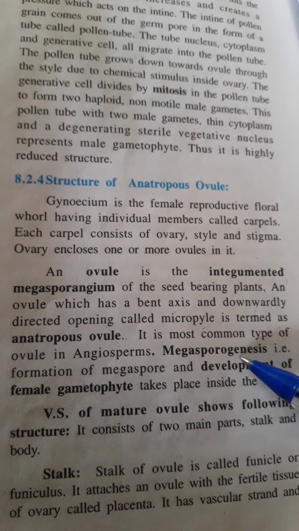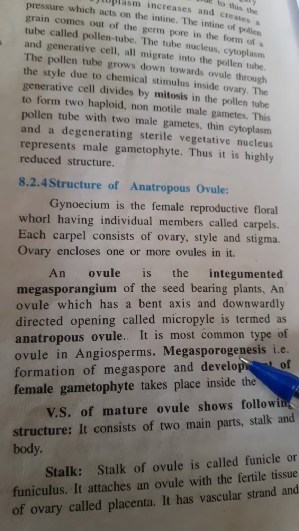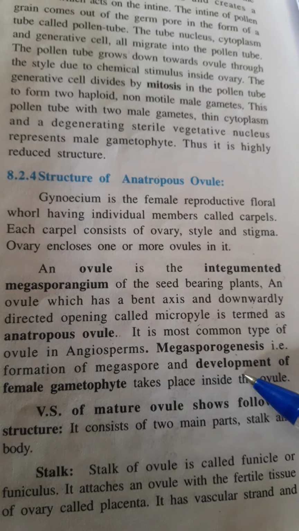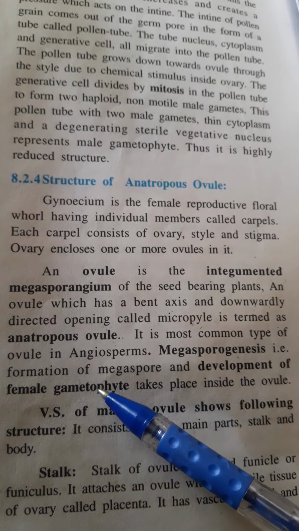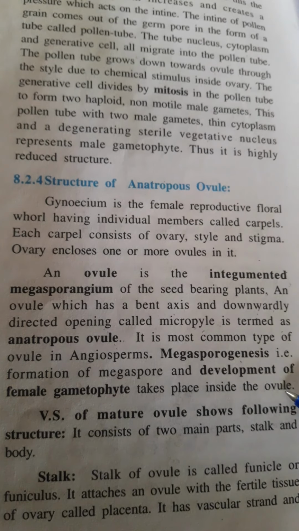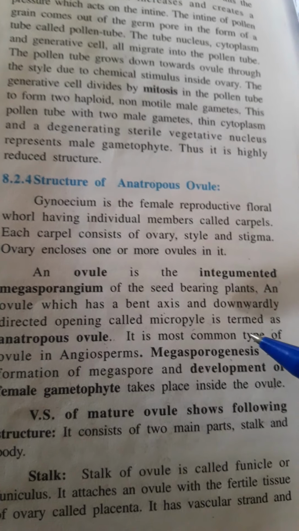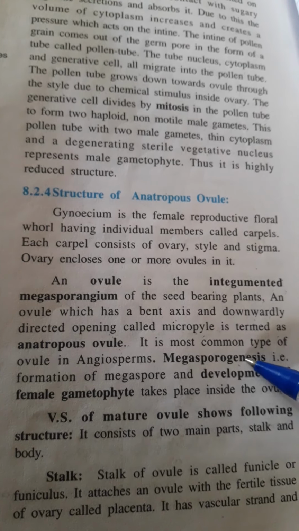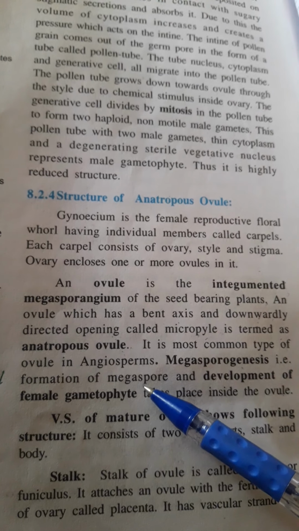Megasporogenesis. What does that mean? That means formation of megaspore and development of female gametophyte takes place inside the ovule. What is megasporogenesis? Megasporogenesis means formation of megaspore.